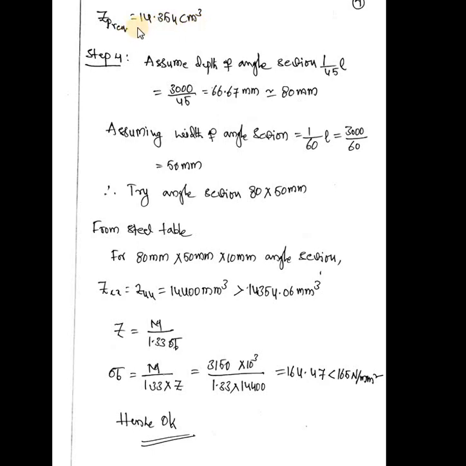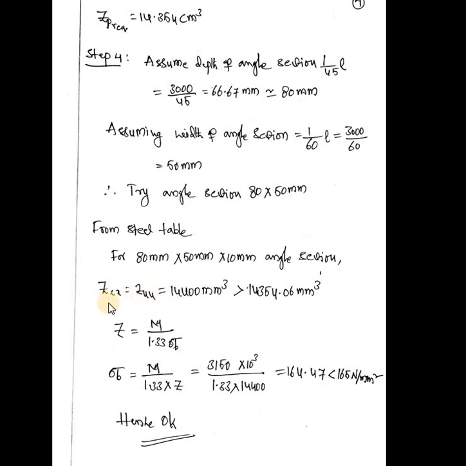Based on this value, now we have to select from the steel table. From that steel table, 80 mm and 50 mm should be common. After that, we have to select the thickness of the angle section for which our required value is satisfied.